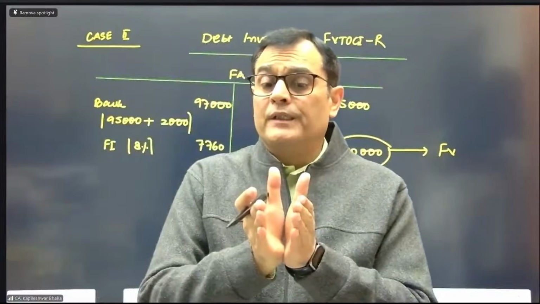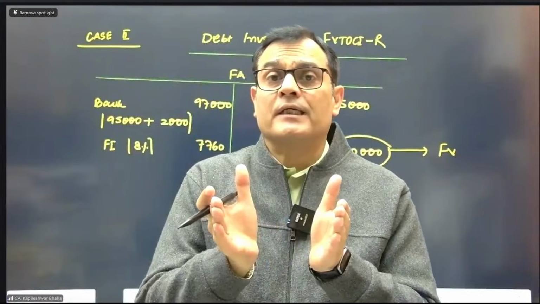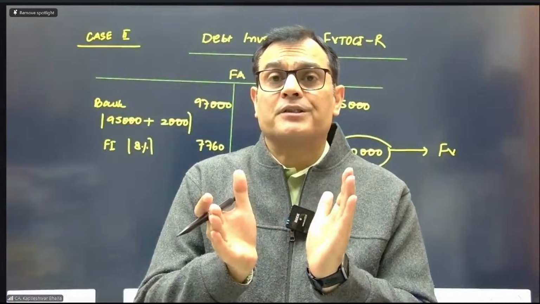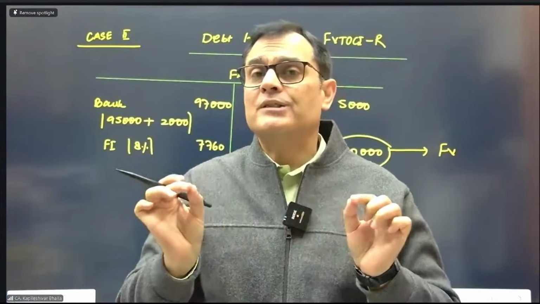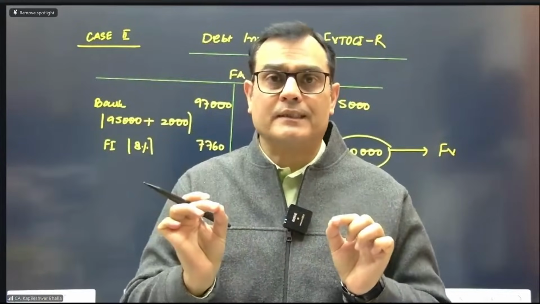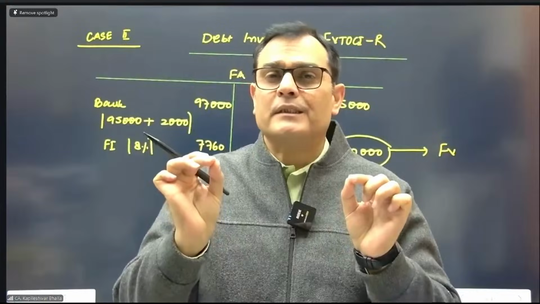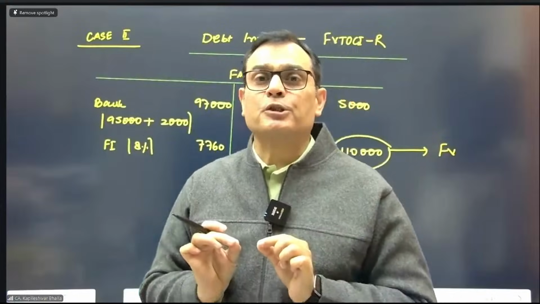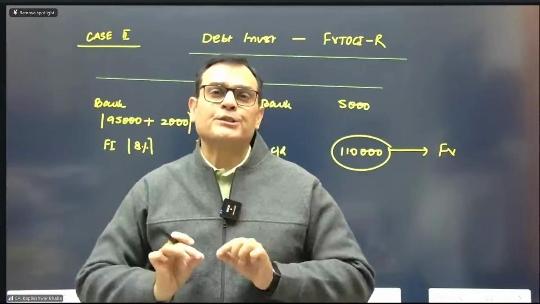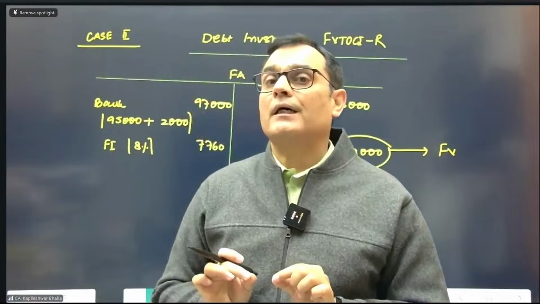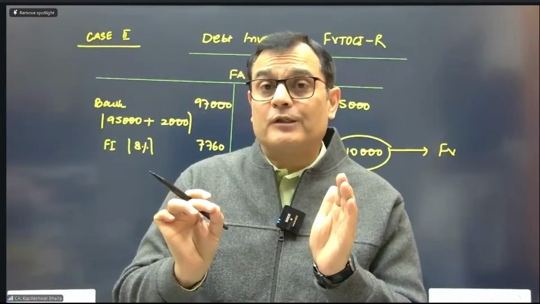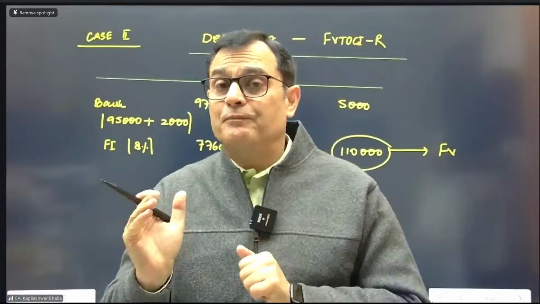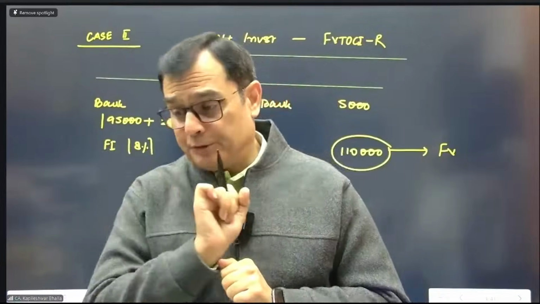Trust me, the only difference in AC and OCI is that in AC, the fair value change is not captured. In OCI, the fair value change is captured, rest the accounting 100% is same. In both the cases, TC is added to the initial recognition. In both the cases, the concept of EIR is applicable. The only difference is in AC, the fair value change is not captured. In FVTOCI, the fair value change is captured.